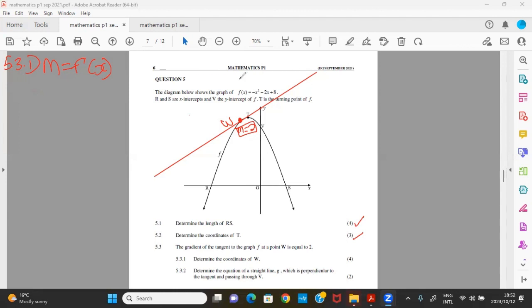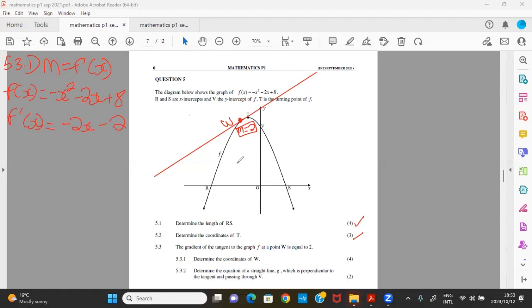So here's my f. f is given as negative x squared minus 2x plus 8. So f prime of x will be, let me just derive it quickly, minus 2x minus 2. As I said, it's my gradient.